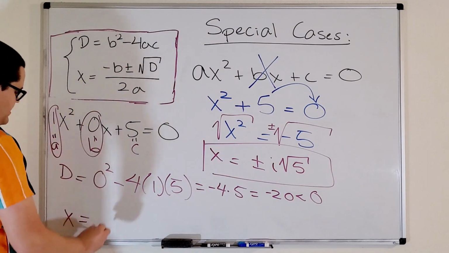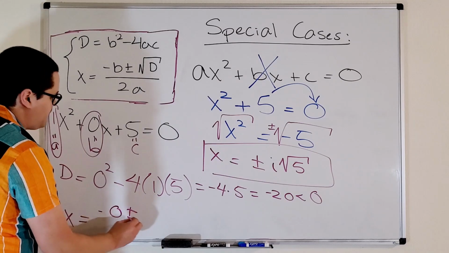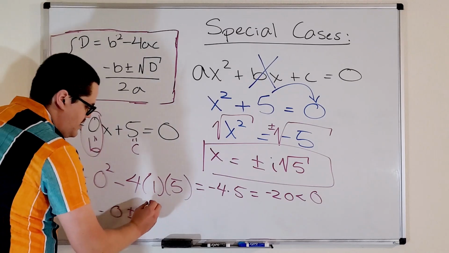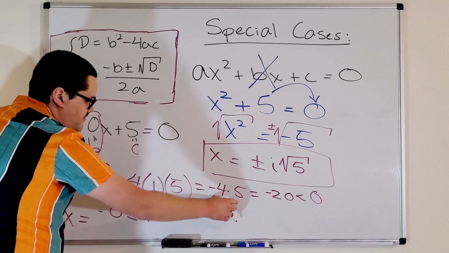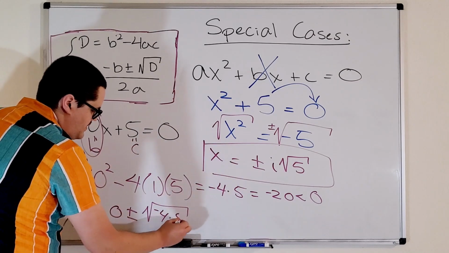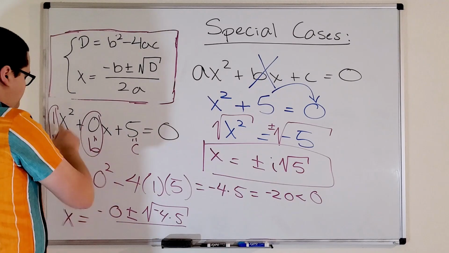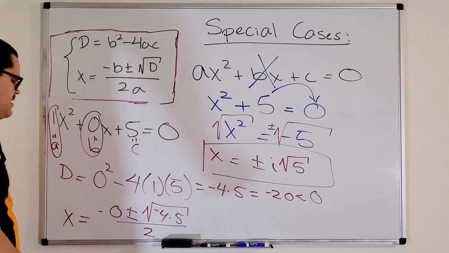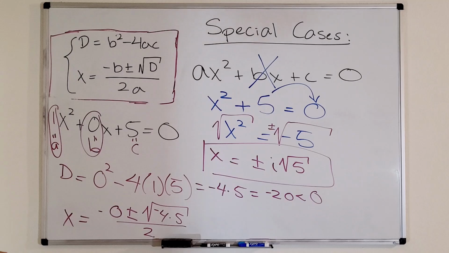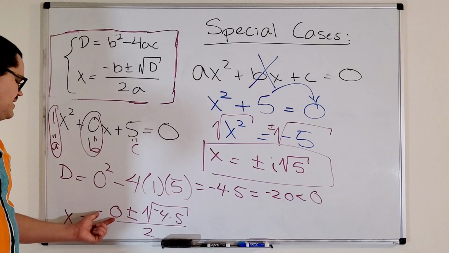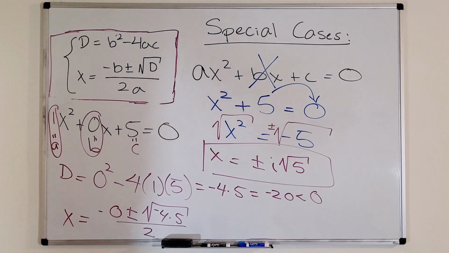-b, which here is -0, plus or minus square root. And I'm going to write the factor form, -4 times 5 over 2 times a. So 2 times 1 is 2. And then, so adding -0 to something doesn't change anything.